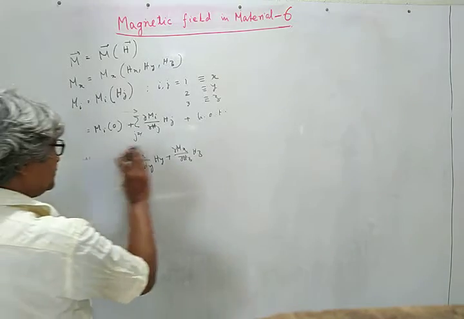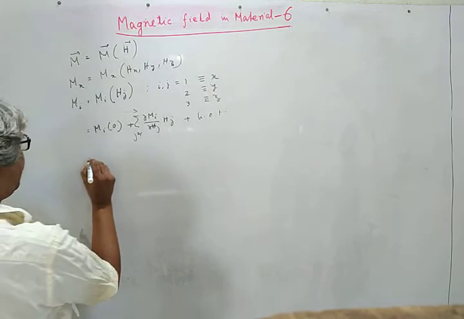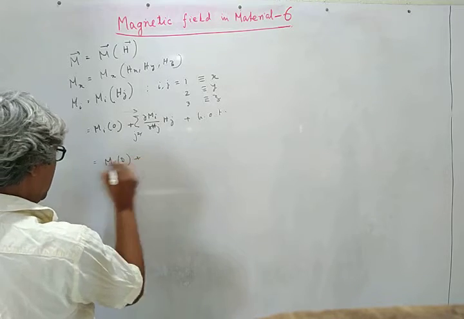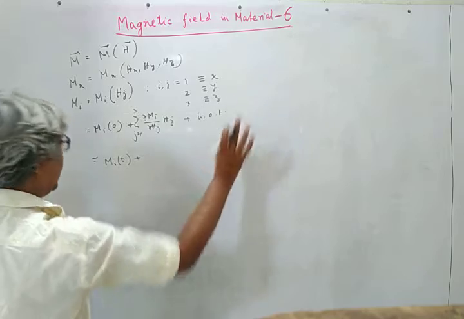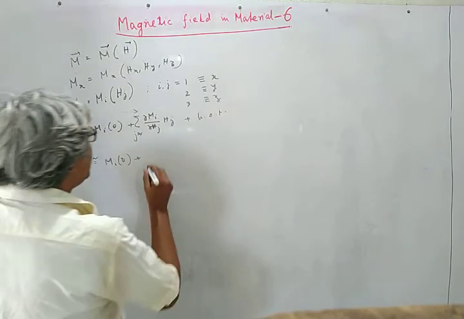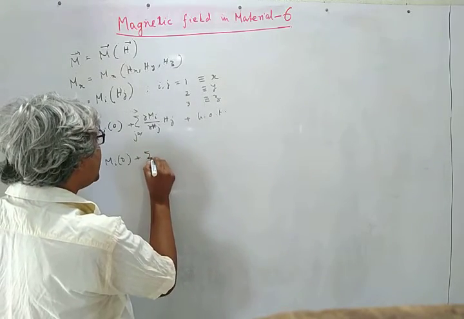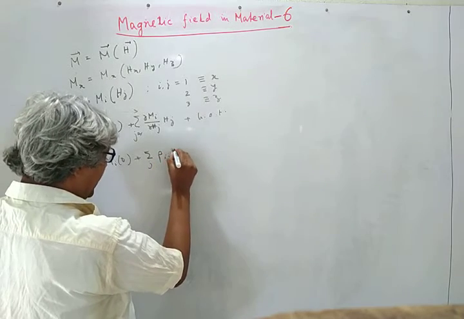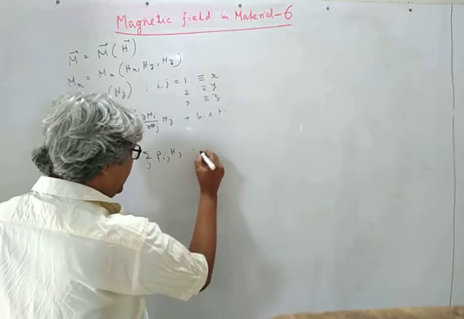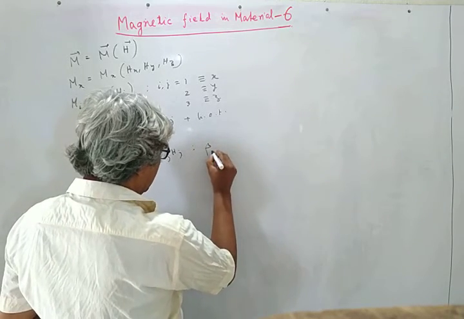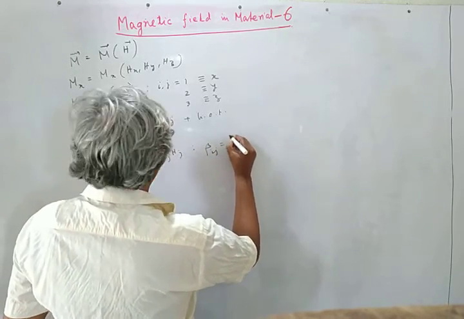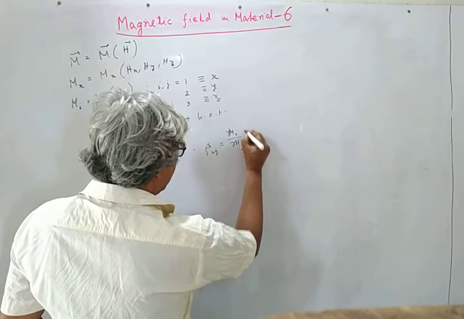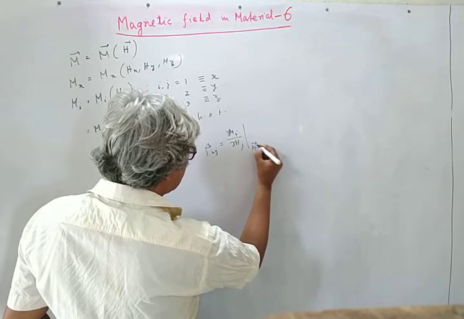We write this approximation because we are neglecting the higher order terms. So we write it as sum over j of beta ij Hj, where beta ij is delta Mi by delta Hj evaluated with H equal to 0.